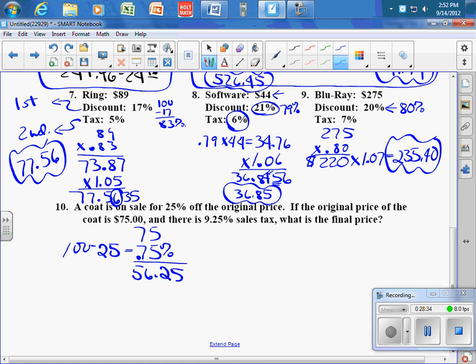Then I'm going to take that times 1.0925, and I'll get the decimal 61.453125. Rounding it off to the nearest penny, 61.45 would be my final answer.